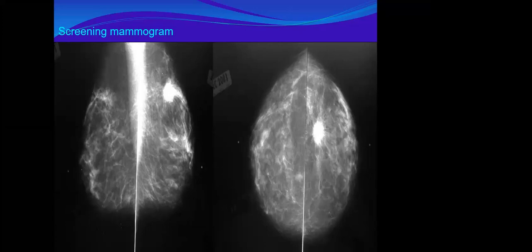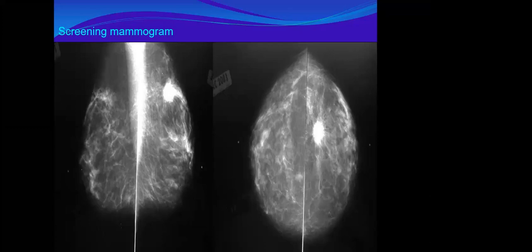This is BI-RADS 5. But what is the significance? From imaging, we need to stage. What are the staging elements?